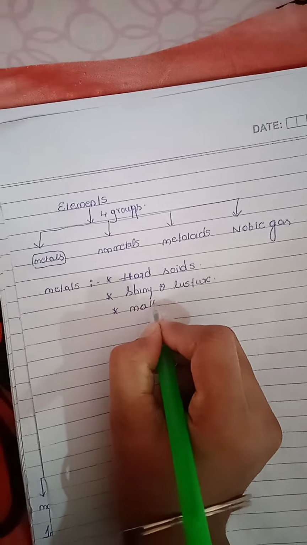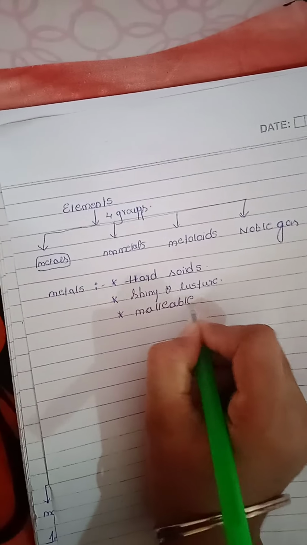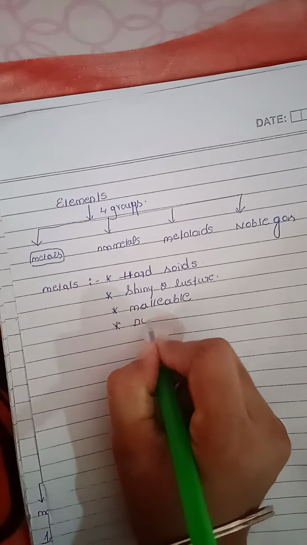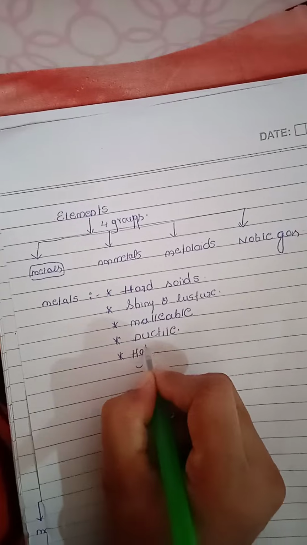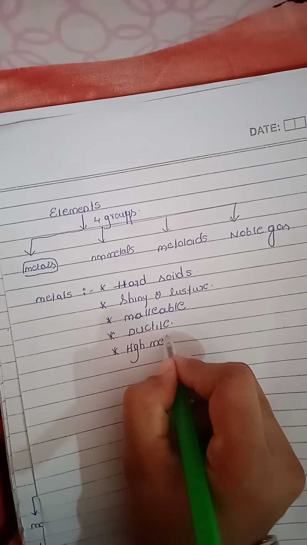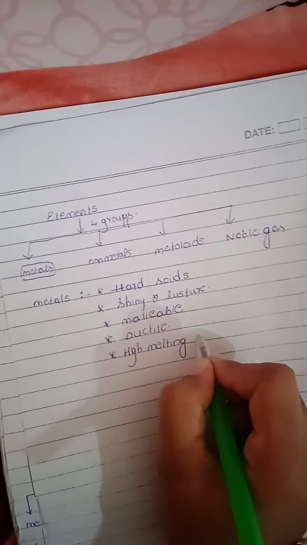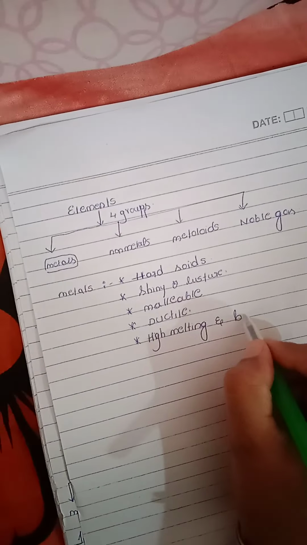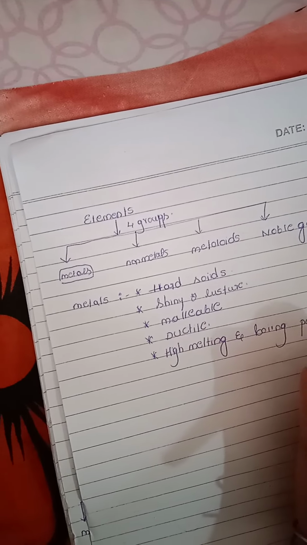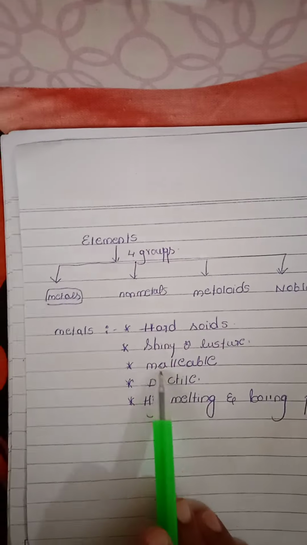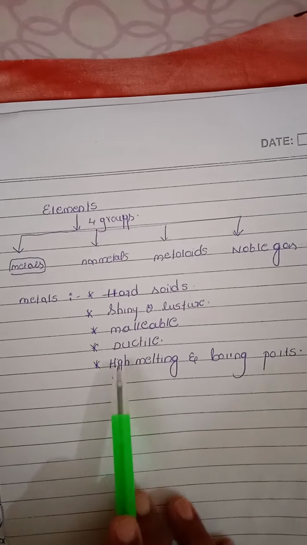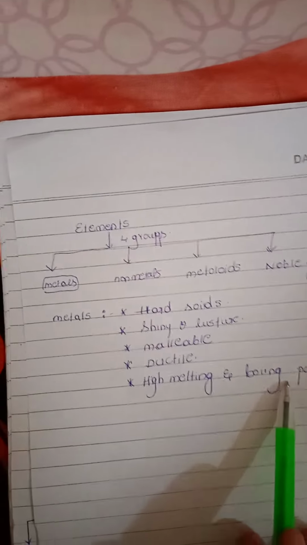Metals are malleable. Metals are ductile. And metals have high melting and boiling points. So metals are hard solids, shiny or lustrous, malleable, ductile, with high melting and boiling points.